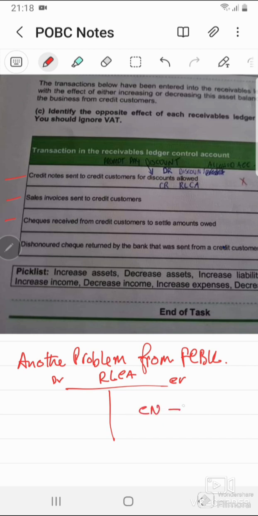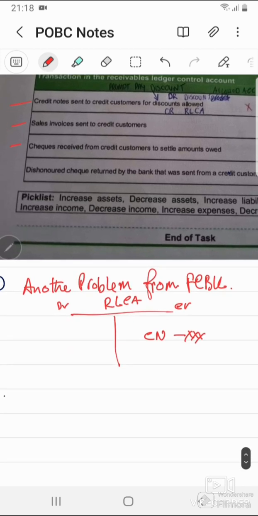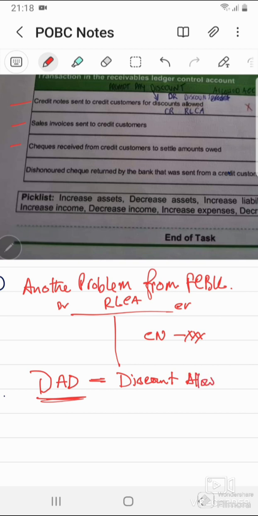Now if you see the other side, the opposite side is discount allowed. There are two ways we can remember. First thing is DAD, which I just learned from the internet: discount allowed is debit.